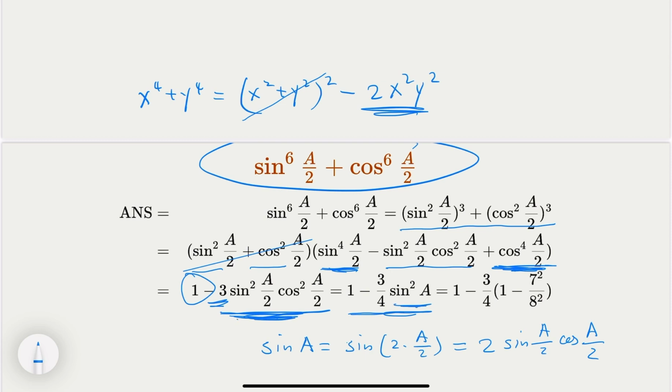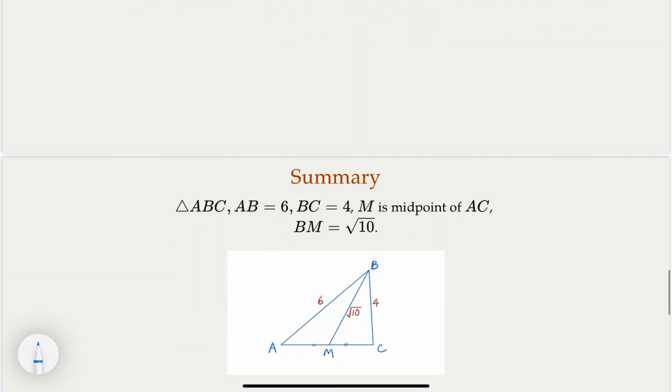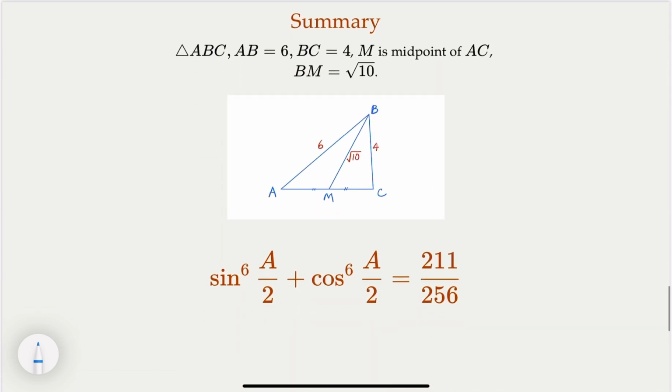And of course, earlier we said that cosine A is 7 over 8. We plug in, all right? So in summary, we have a lot of algebra, but the final answer is this one. This is an interesting problem, but once you know the proper formula, it's quite mechanical.